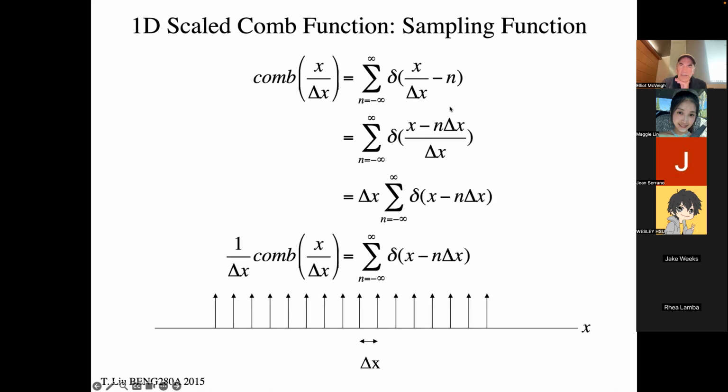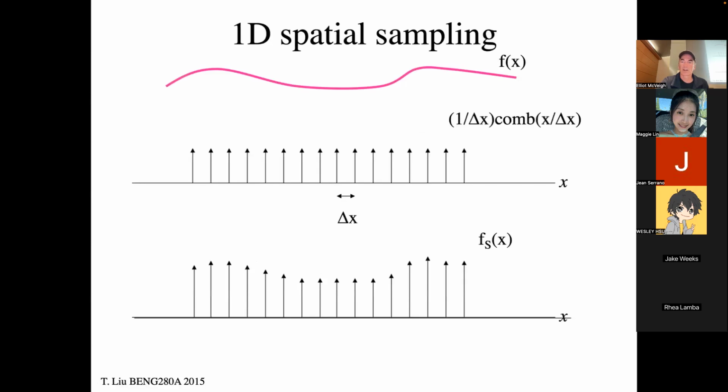So this is just to show the normalization in 1 dimension. Okay, so the thing we're defining is the comb function with a normalization factor out here, in units of x per centimeter, something like that. Now we're going to sample with our mathematical comb, and it's normalized.